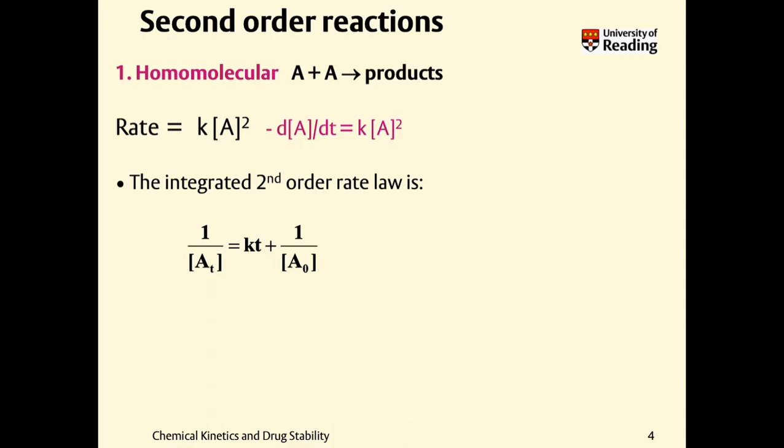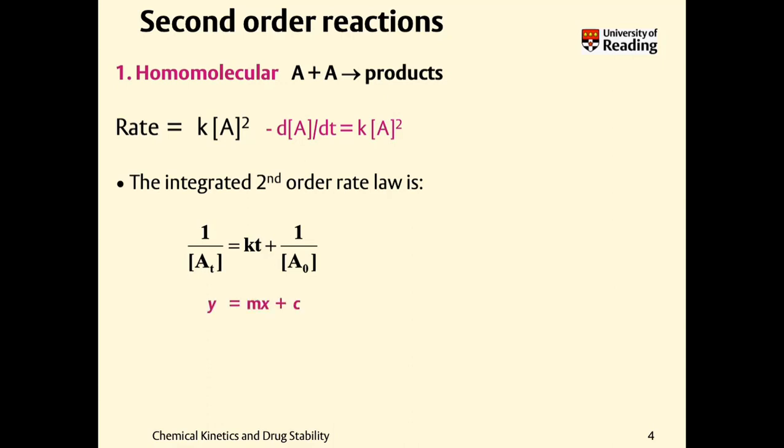And that gives us this equation here called the integrated second order rate law. That is 1 over [A]t equals kt plus 1 over [A]0. And this equation is only for the homomolecular case, because it is the only example where we can simplify the equation in such a way to be able to integrate it like this.